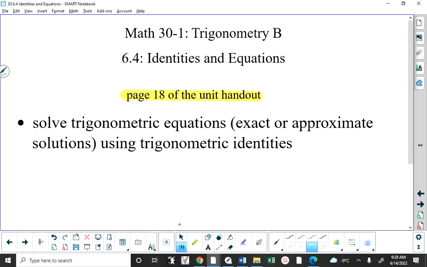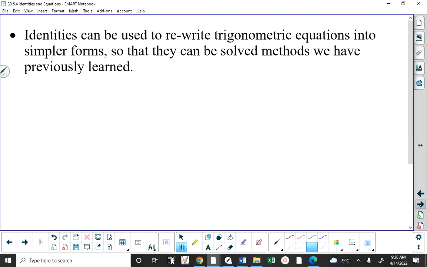I can summarize what we're learning here: we're going to be rewriting complicated trigonometric equations into simpler trigonometric equations using identities. One of the most basic examples I could give you would be something like sine of x over cosine of x is equal to 1 over root 2.